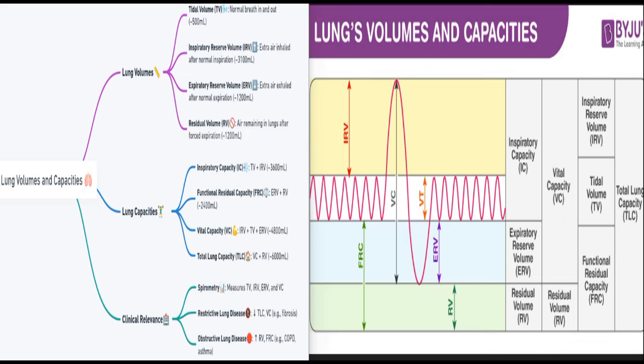With airway obstruction, forced expiratory volume in 1 second, FEV1, is reduced, and the forced vital capacity may be normal or less reduced than the FEV1. So the FEV1 FVC ratio will be reduced.